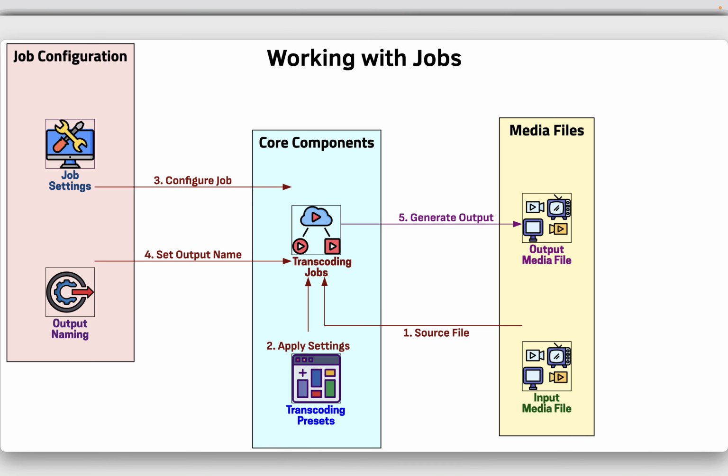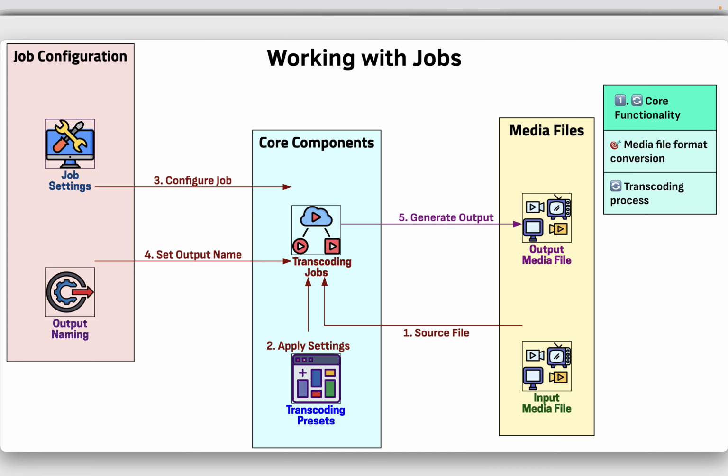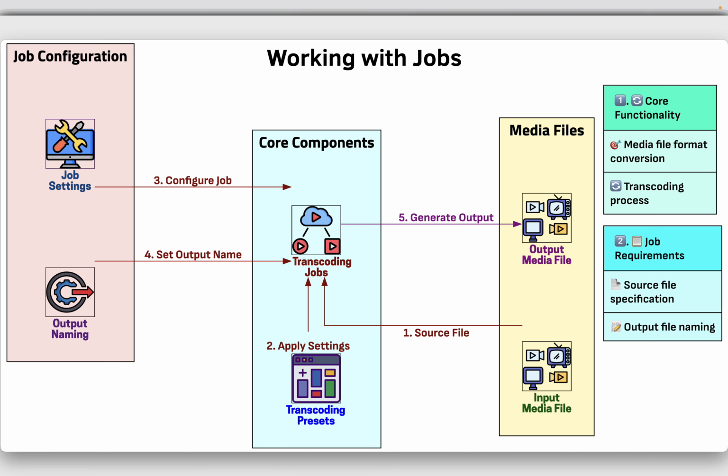Next is working with jobs. The core functionality of an Elastic Transcoder job is to convert media files from one format to another, and this handles the complete transcoding process for media format transformation. Job requirements include specifying essential information such as the source file to be transcoded and defining the desired output file name for the transcoded media.